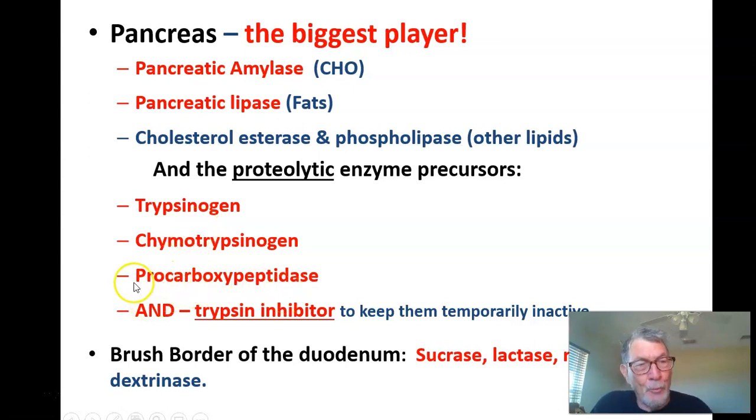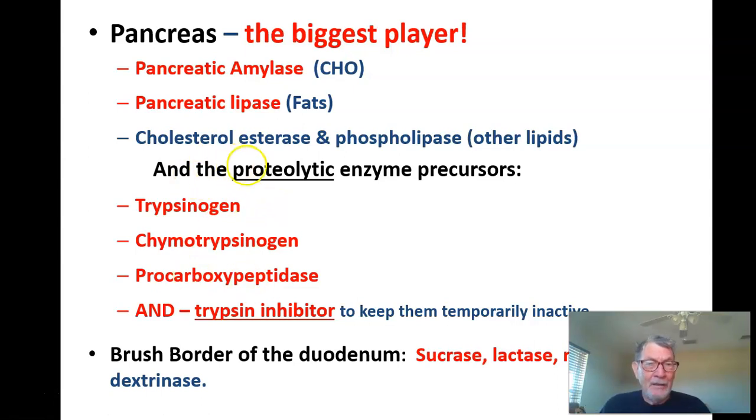Procarboxypeptidase. Pro means before. Why didn't they call it carboxypeptidase-inogen? I guess it's hard to say. So procarboxypeptidase is the third one. It becomes carboxypeptidase. Trypsin, chymotrypsin, carboxypeptidase are your 3 primary protein digesters that come out of the pancreas and into the intestine at the sphincter of Oddi.